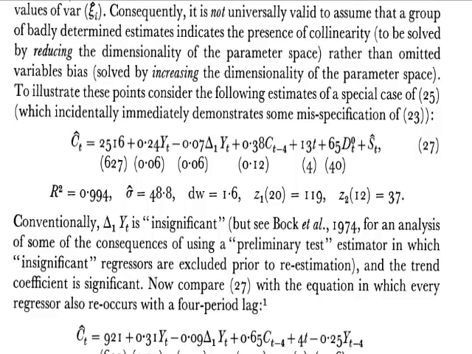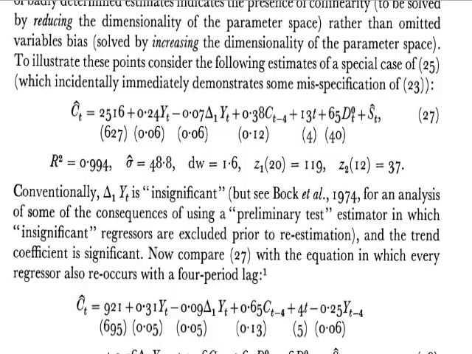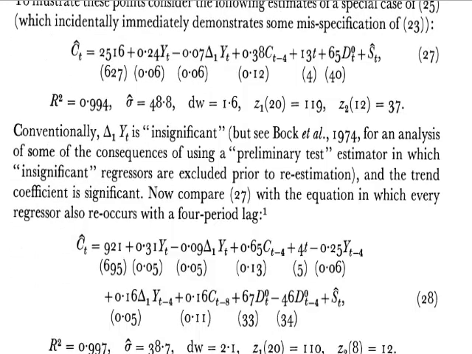equation 27 and 28. In 27, you have yt, delta 1 yt and ct minus 4 as the variables. So he says, okay, take all of these variables and put in the fourth lag of every single variable that you see here.